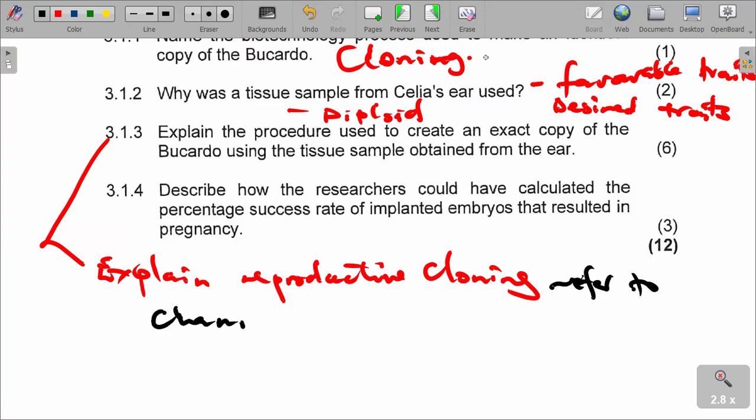You need to understand that it is a step-by-step process, in which researchers harvested the somatic fibroblast from Celia's ear and then cultured the cells.